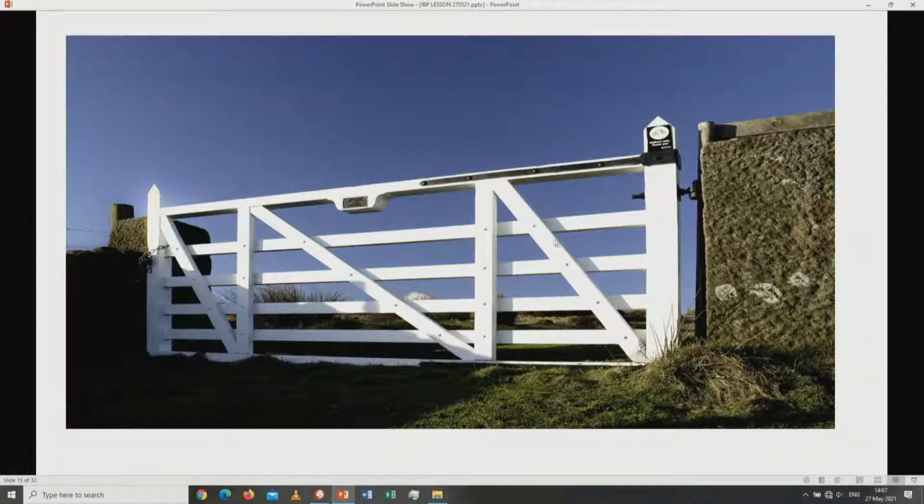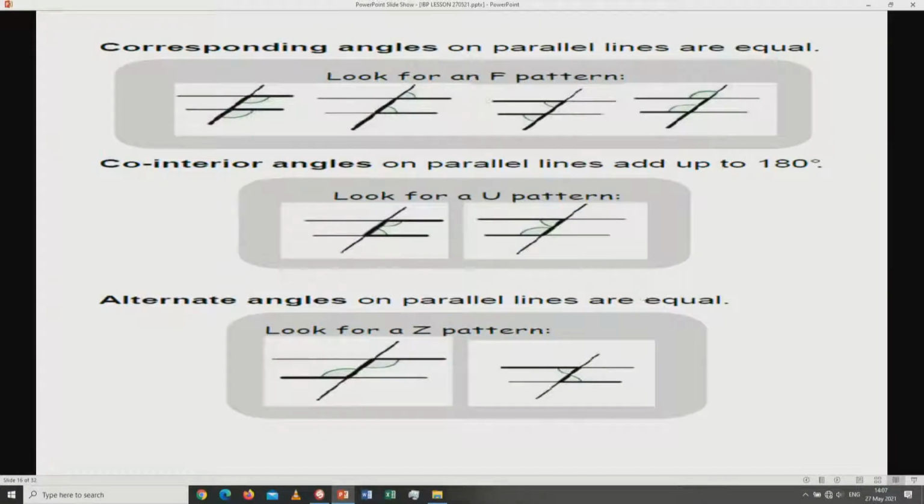That's very important. Your alternating angles: the angle on this side of a transversal is equal to the angle on the other side of a transversal. Let's just take tours and see what we mean by transversal.